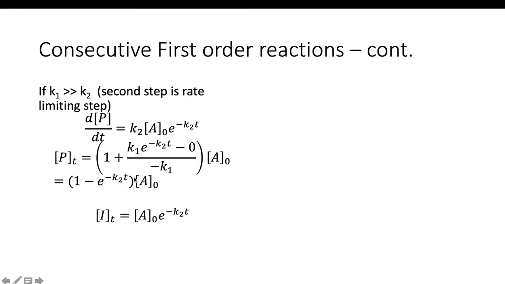The rate limiting step is giving us our product, and our intermediate at any time t is just how fast it disappears. Right, so K1 is running so fast, generating all the intermediate, and then the concentration of intermediate is solely dictated by how fast it disappears into product.